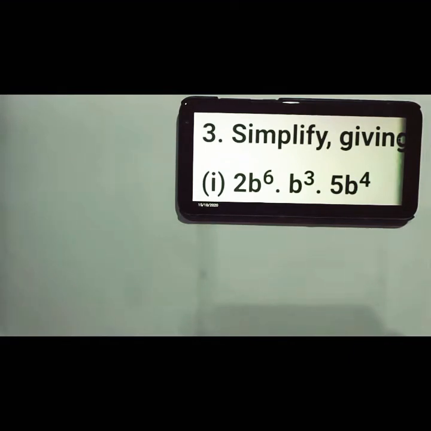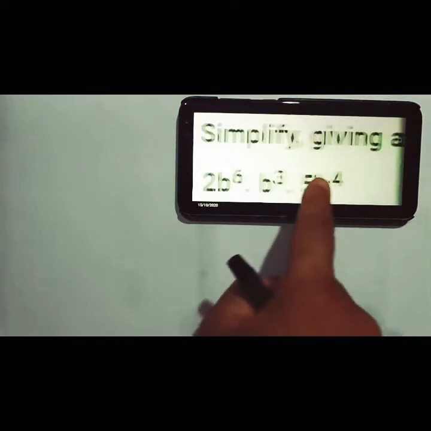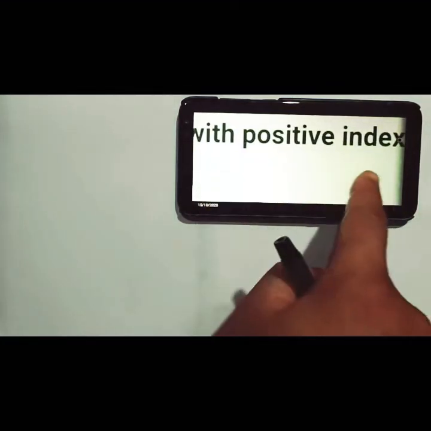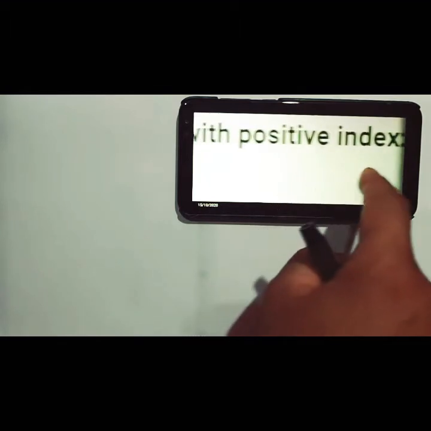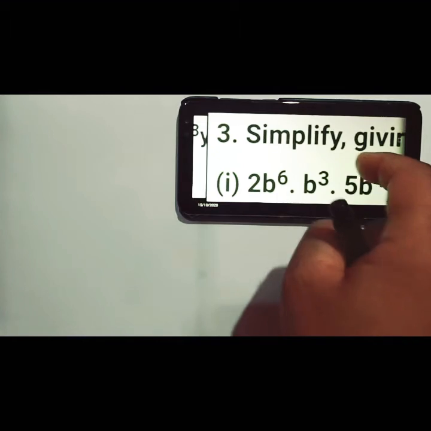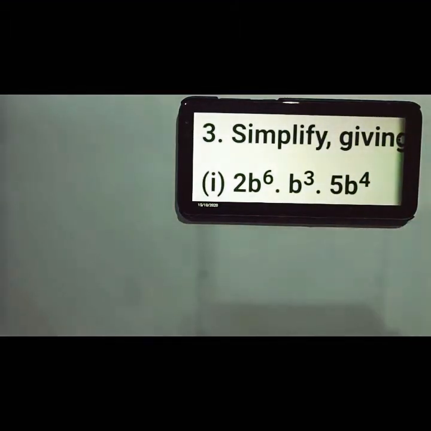Hello everyone. Let's concentrate on these little ones. It says simplify, giving answers with positive index. This means they are not telling you to evaluate or multiply.